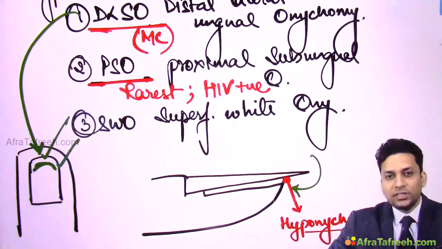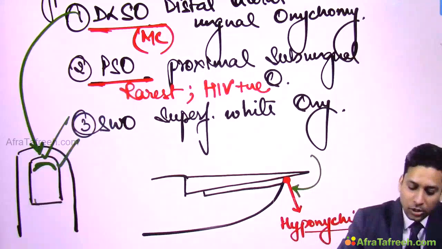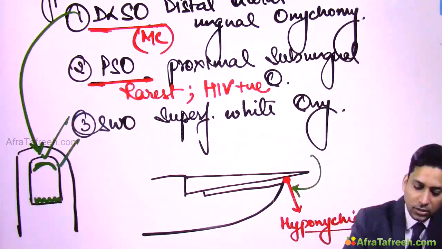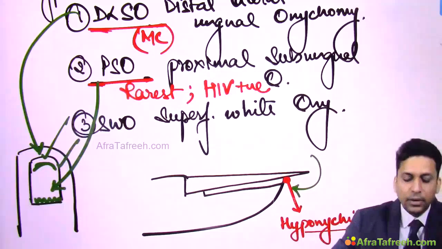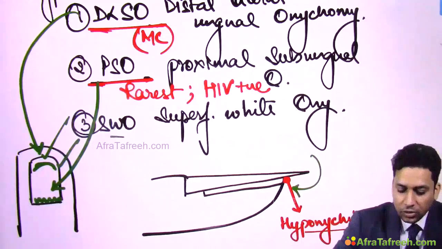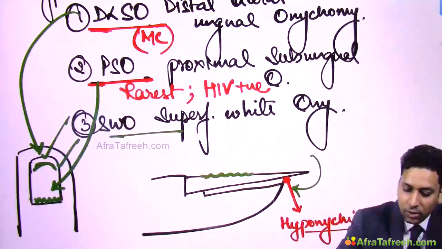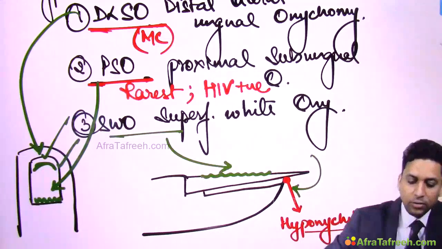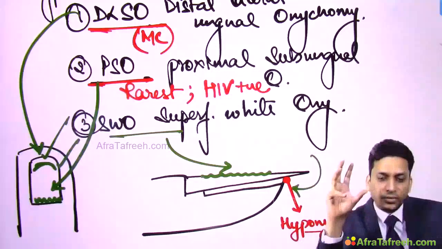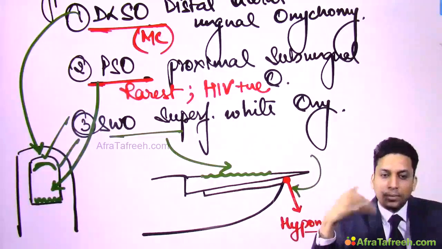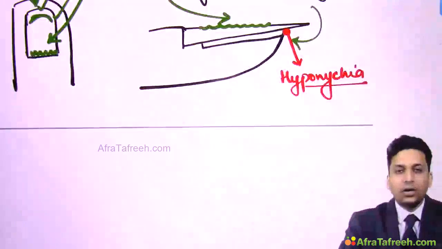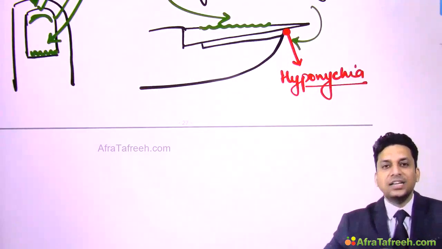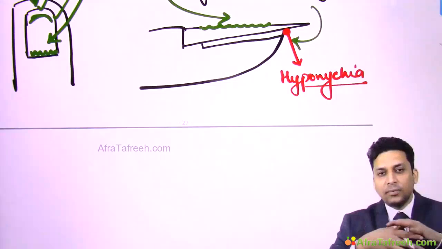But in an HIV positive patient, in an immunocompromised patient, the proximal part of the nail is involved first. So this is known as proximal subungual onychomycosis. And if only the superficial part of the nail plate is involved, then this is known as superficial white onychomycosis. So these are three different types of onychomycosis: distal, proximal, and superficial. All these three types ultimately lead to complete nail involvement if not treated.